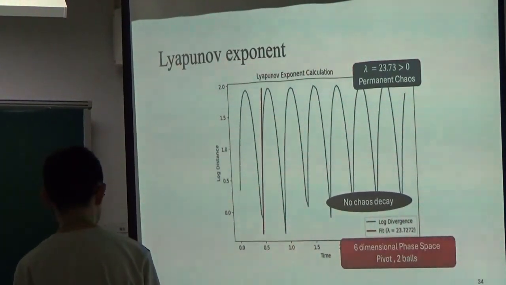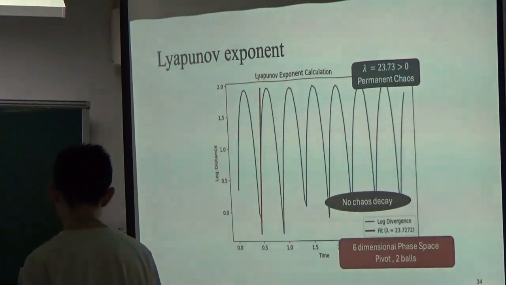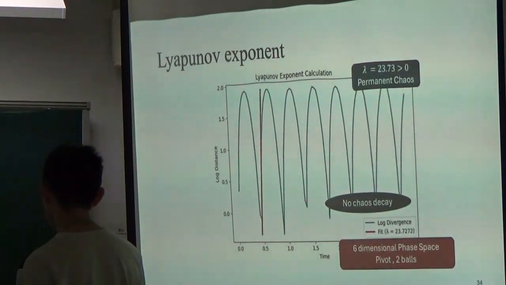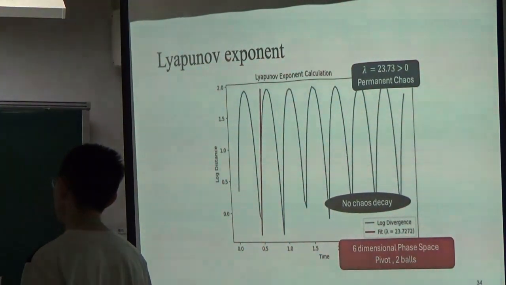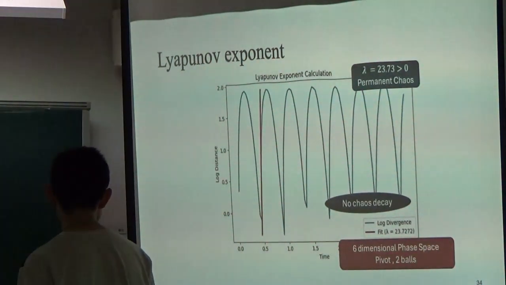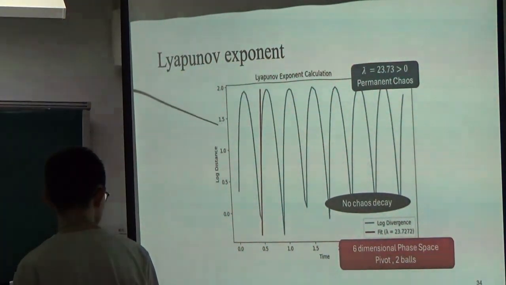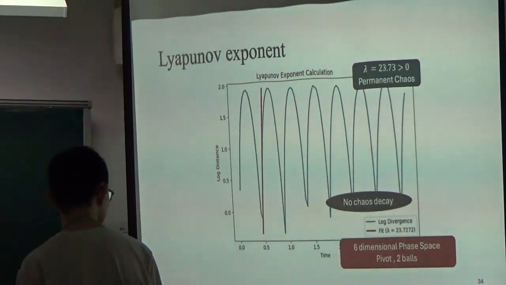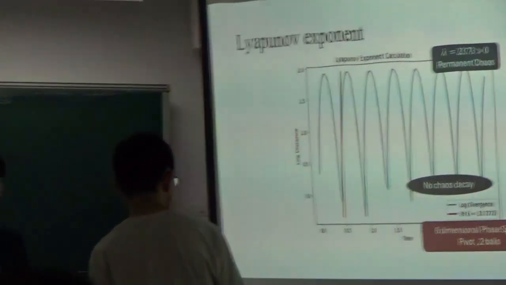So the chaotic motion is like you detect two positions. Actually, I use a 6-dimensional space to calculate this. What is the 6-dimensional space?